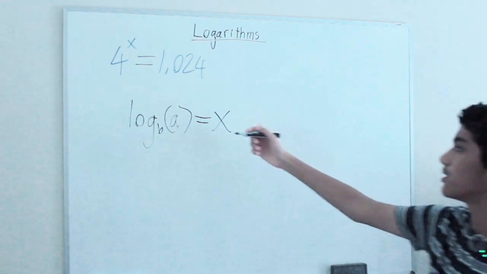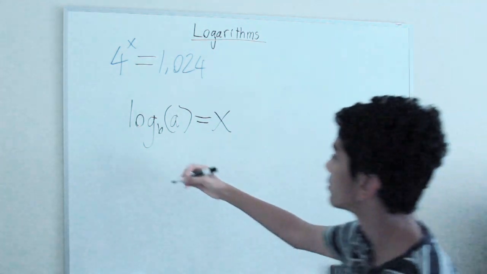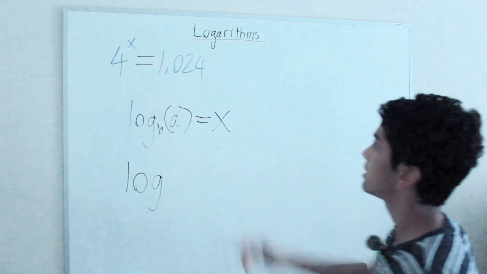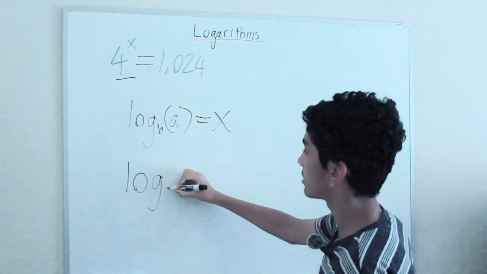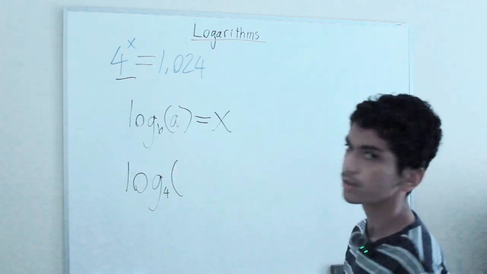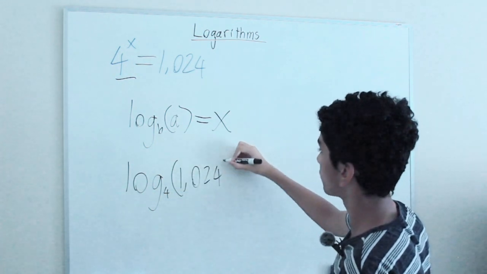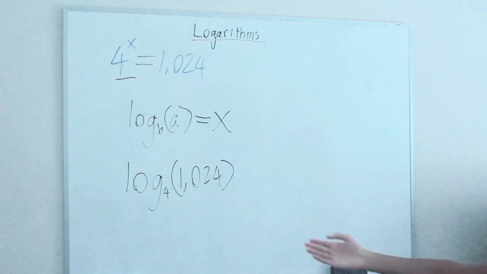So we'll apply this to a logarithm. You have to use log base, and in this case, the base is 4. Log base 4 of 1024.